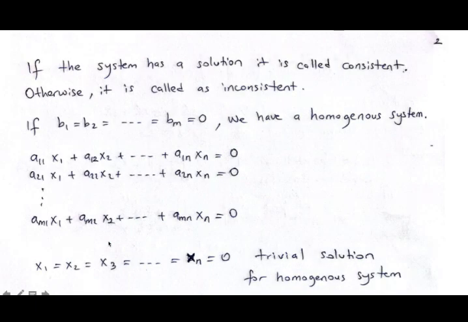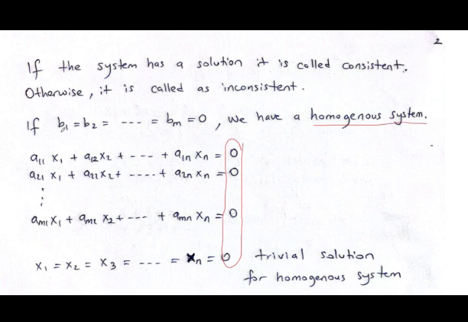So if the system has a solution, it is called consistent. Otherwise, it is going to be called inconsistent. And also note that if the right-hand side of each equation is equal to 0 for all these equations, then we call this a homogeneous system.